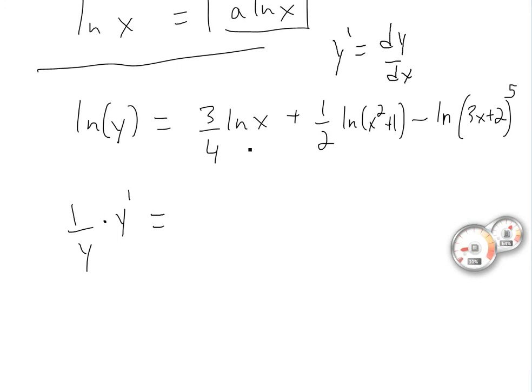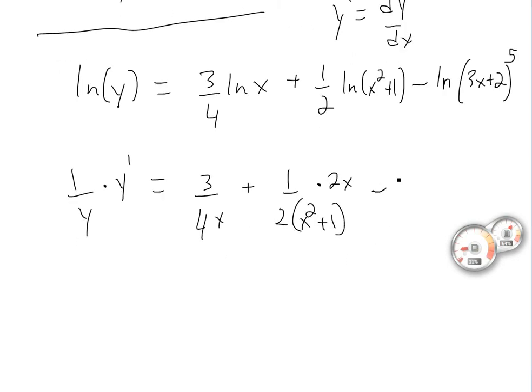Then this is going to be equal to the derivative of ln x, 1 over x, so 3 over 4x, plus 1 over 2 times 1 over x squared plus 1, and then this one is the chain rule, times 2x.